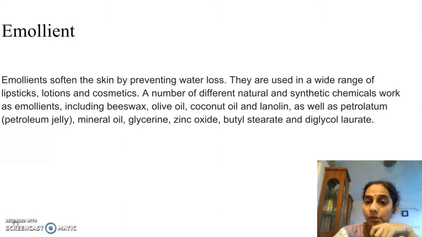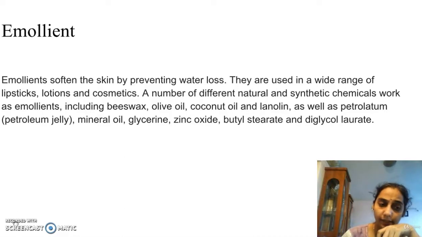They are used in a wide range of lotions, lipsticks and other cosmetics also. They can be natural and synthetic also. Beeswax, olive oil, the oils that we generally use, and petroleum products also, like petroleum jelly, glycerin, zinc oxide. They all are emollients.